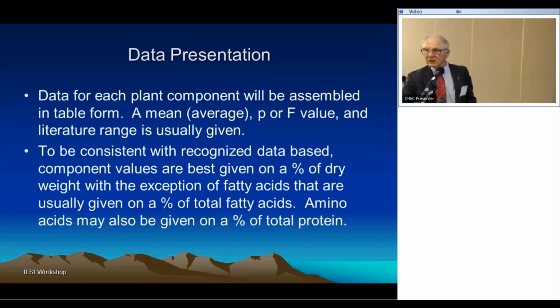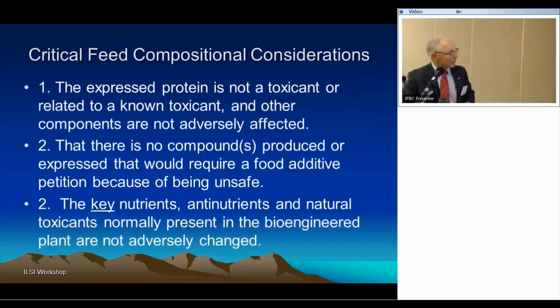There are people who will make the case that's how the fat should be, and the total fat should come from that. Amino acids are also given on a percent of total protein. That's given that we know how much protein is in the plant, and that goes back to nitrogen times 6.25. We could have a whole seminar on what the appropriate factor is.